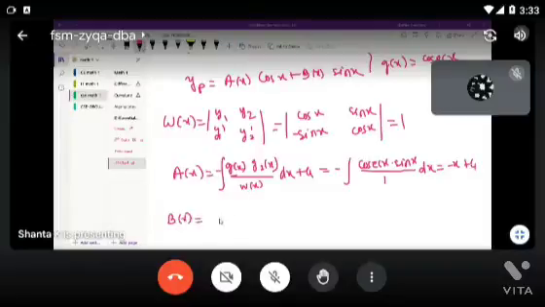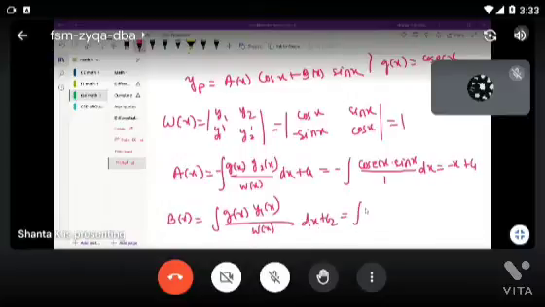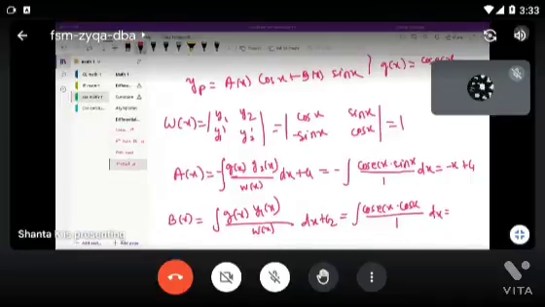And B of x will be the integral of g of x, y1 dx plus c2. So it is cosec x, cos x dx. So how much is this integral?